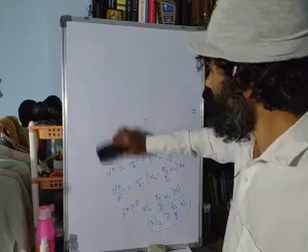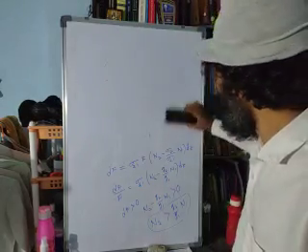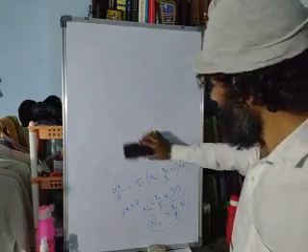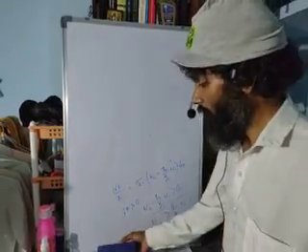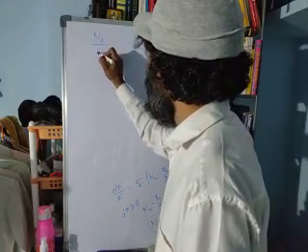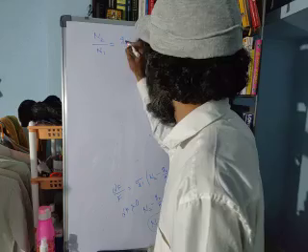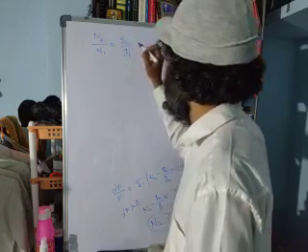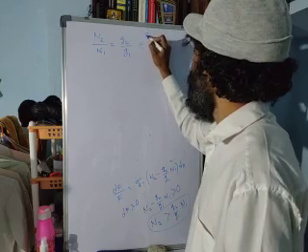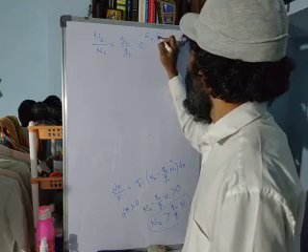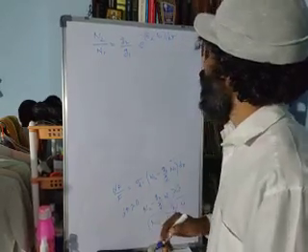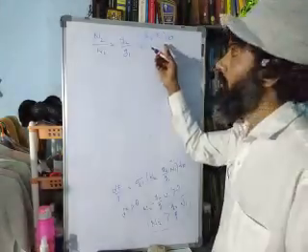If I make use of Boltzmann's statistics to write the ratio N2 by N1, then it involves exponentials. So N2 by N1 is equal to Z2, the degeneracy of level 2, and Z1, the degeneracy of level 1, into exponential of minus E2 minus E1, divided by kT. This is from Boltzmann's statistics.